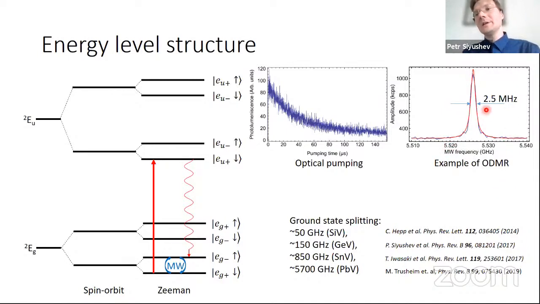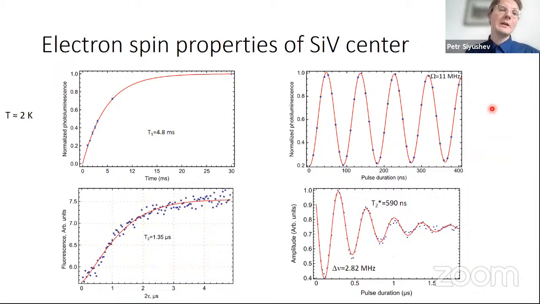However, you see that the resonance is not very narrow. It's around 2.5 megahertz. And let's take a look at the typical spin characteristics of this silicon vacancy center at around 2 Kelvin. So first of all, T1 is in the order of 5 milliseconds, which actually can be longer if you align the magnetic field more precisely.